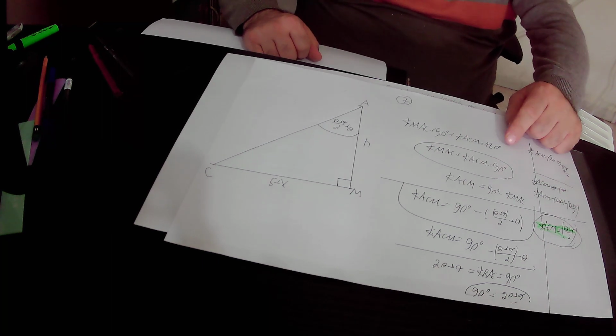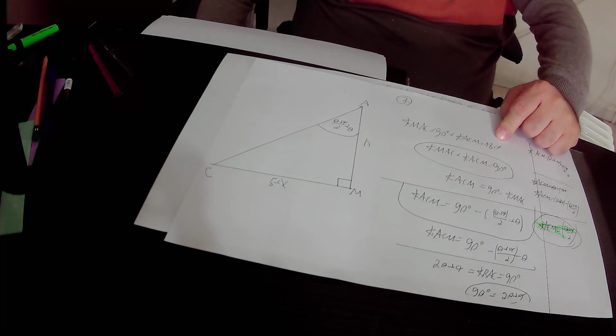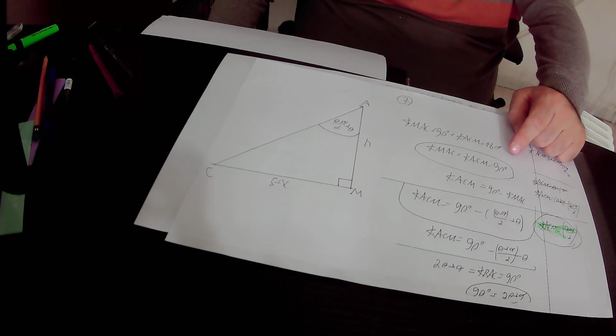So angle MAC plus angle ACM plus 90 degrees equals 180 degrees. We subtract the 90 degrees from this equation, and we get that angle MAC plus angle ACM equals 90 degrees.